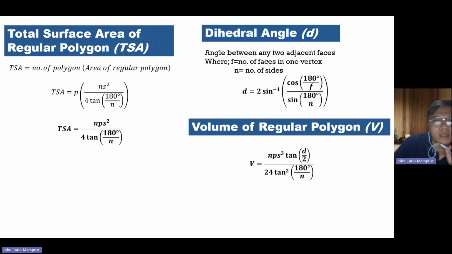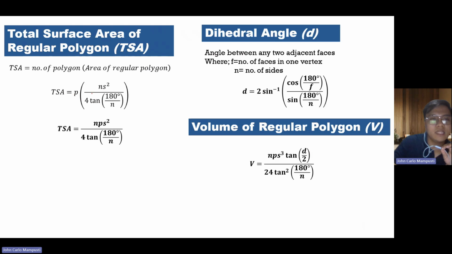So at this time, alam niyo na kung paano kunin yung formula nung ating plane or regular polygon. 'Di ba? Kung naalala niyo pa yung area ng polygon natin, we have n s squared over 4 tangent 180 over n.